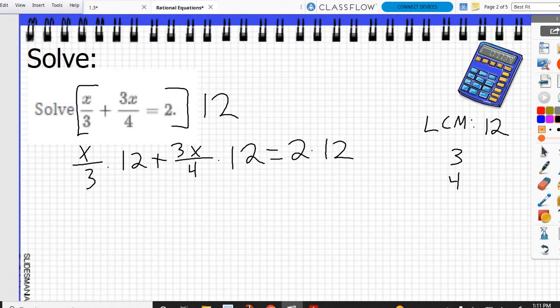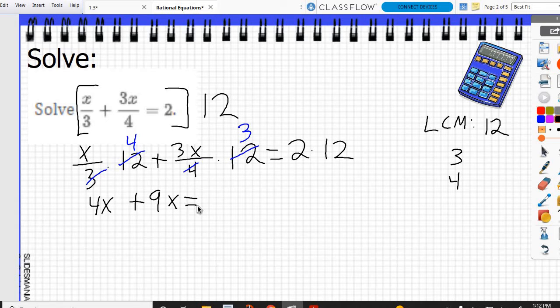So what are we left with? What is x times 4? 4x. Now how many times does 4 go into 12? 3. However, I already have a 3x, so this time I'd have to do 3 times 3, which gives us 9x.